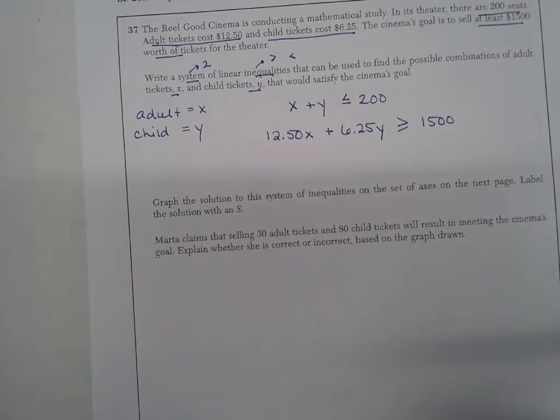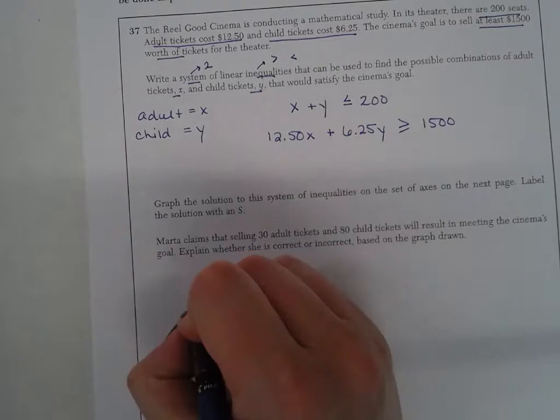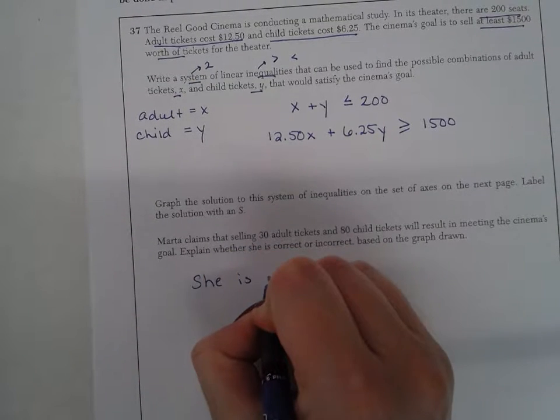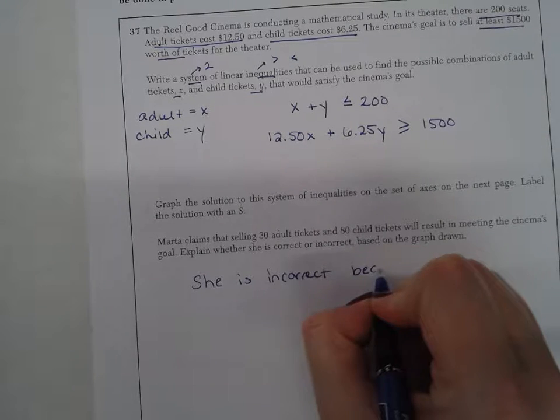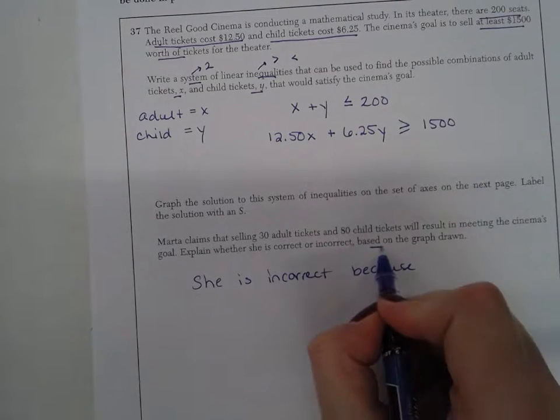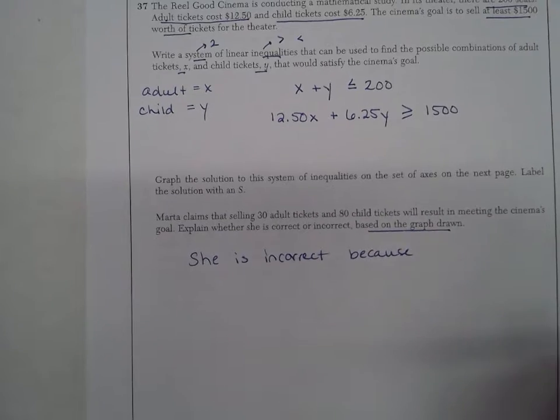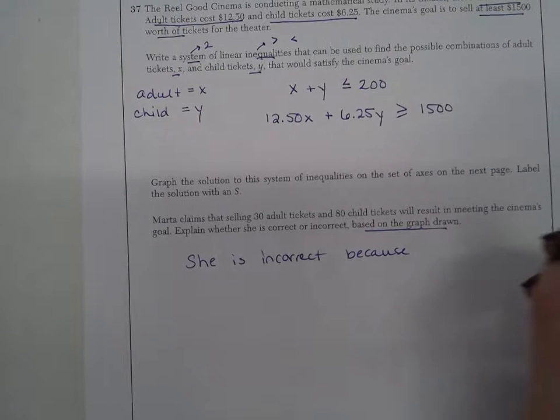So I'm going to say, explain whether she is correct or incorrect. She is incorrect because, and remember, based on the graph. So I have to talk about why she's wrong based on the graph.